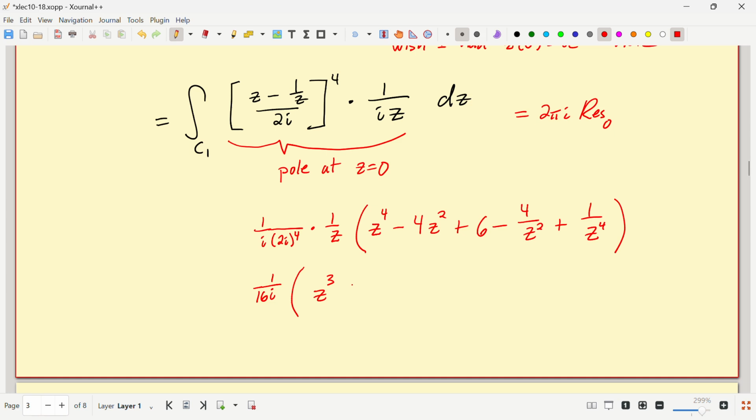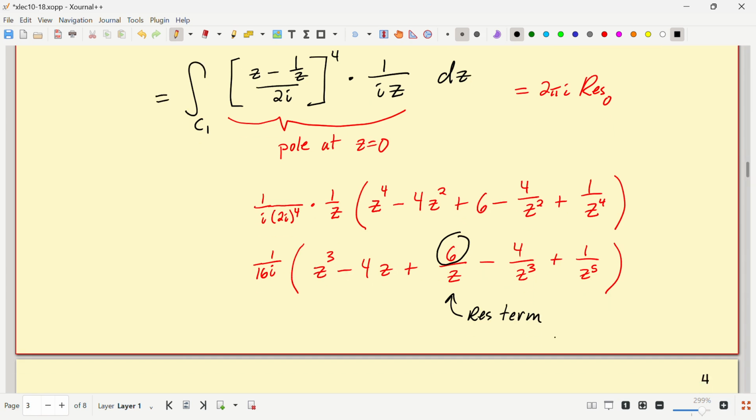That'd be z cubed minus 4z plus 6 over z, minus 4 over z cubed plus 1 over z to the fifth. And there it is, the residue. Well, that's the residue term. There's a 16i in front of it.